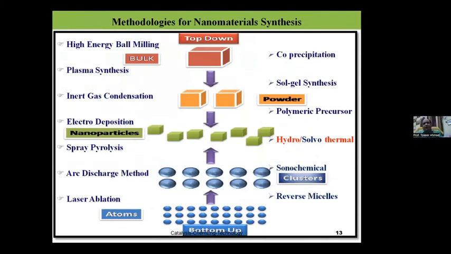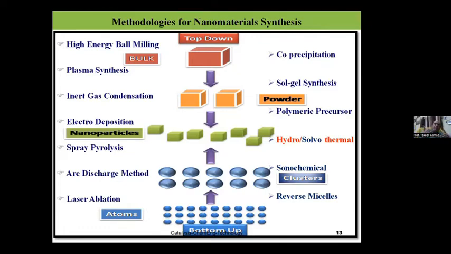Generally, we have two methodologies for the fabrication of nanomaterials. One is the top-down approach, where we have bigger size particles and break them down into smaller size particles by applying some physical forces.